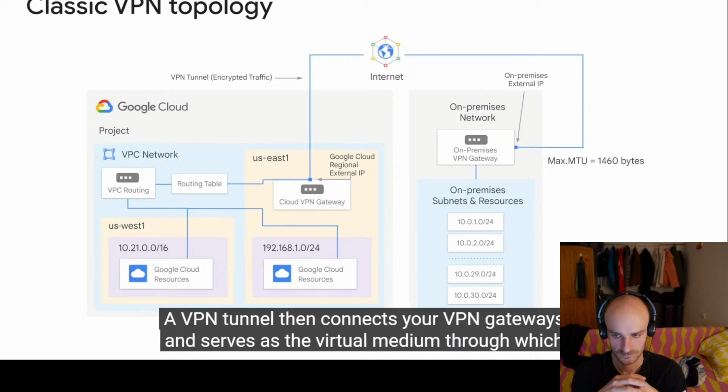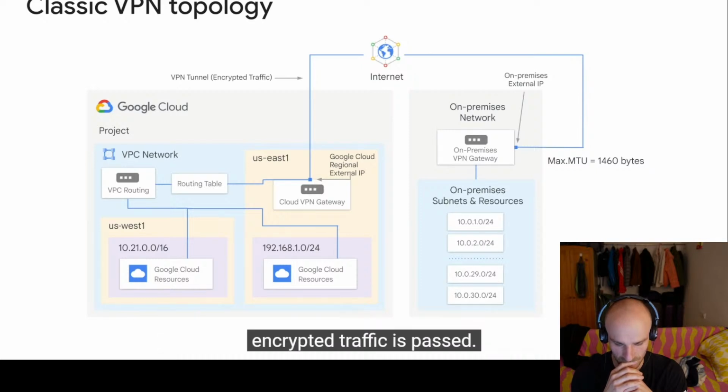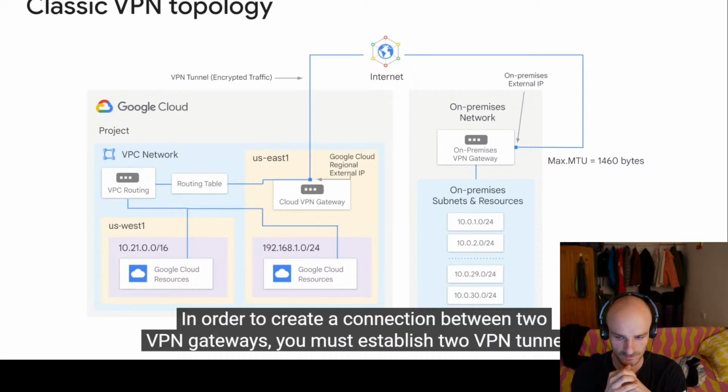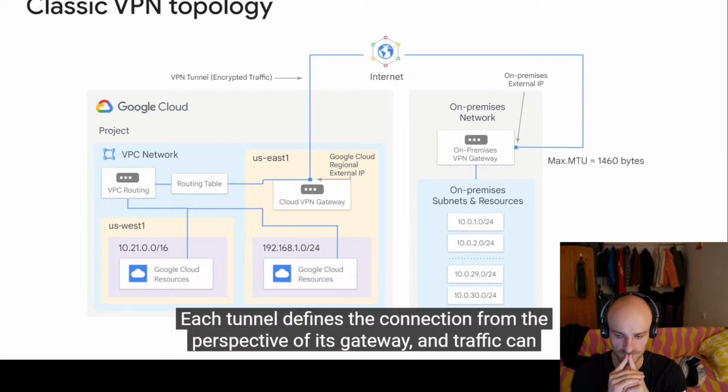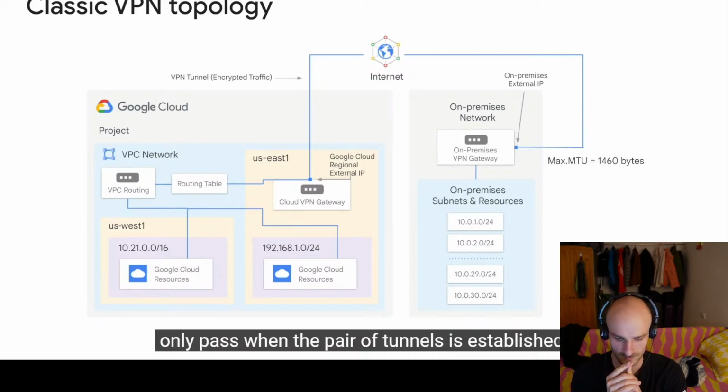A VPN tunnel then connects your VPN gateways and serves as a virtual medium through which encrypted traffic is passed. In order to create a connection between two VPN gateways, you must establish two VPN tunnels. Each tunnel defines the connection from the perspective of its gateway, and traffic can only pass when the pair of tunnels is established.